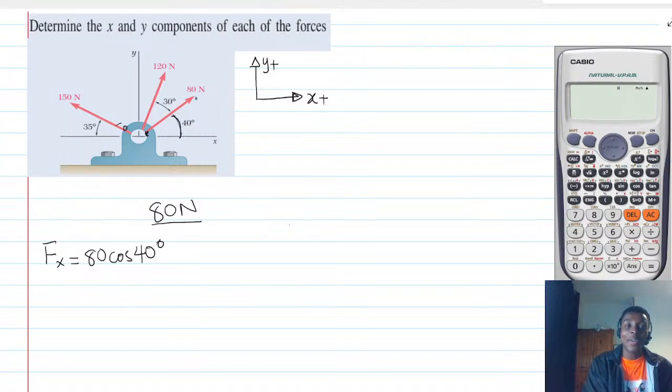So essentially there is an 80 Newton force and I want to resolve along the x, and then also I want to resolve along the y. So now the x component is going to be cosine, but then the y component is going to be sine. Is that right?